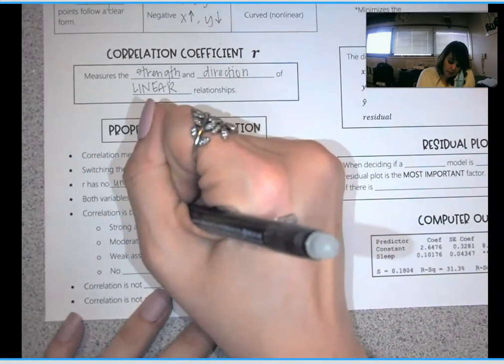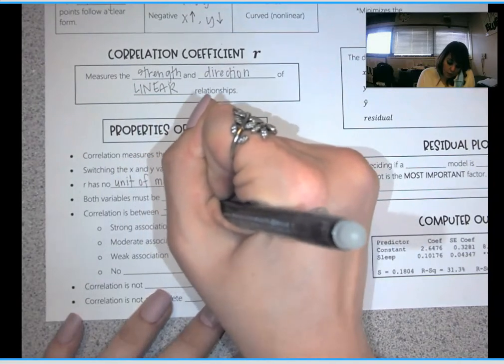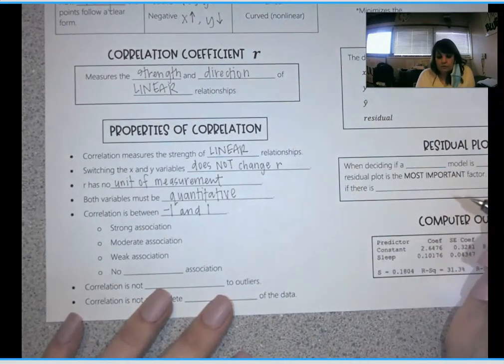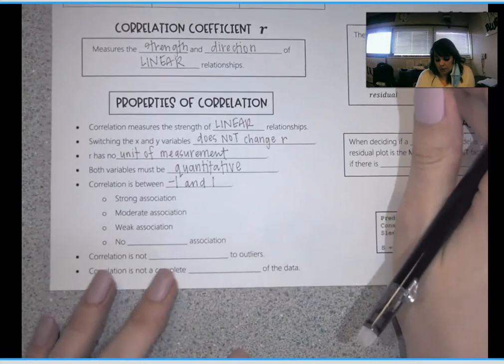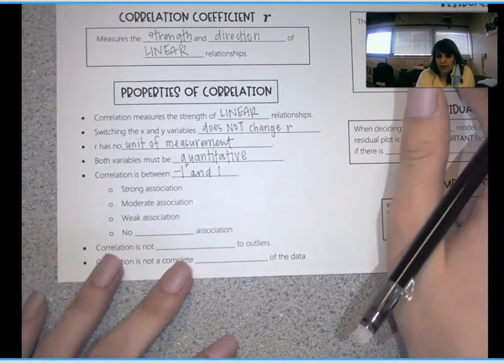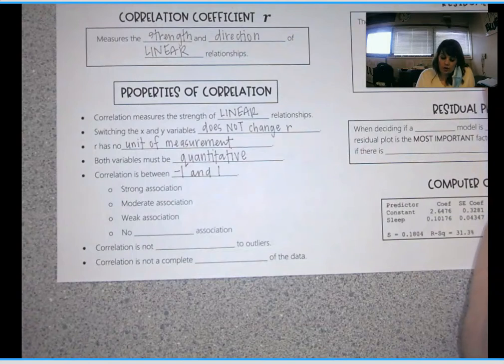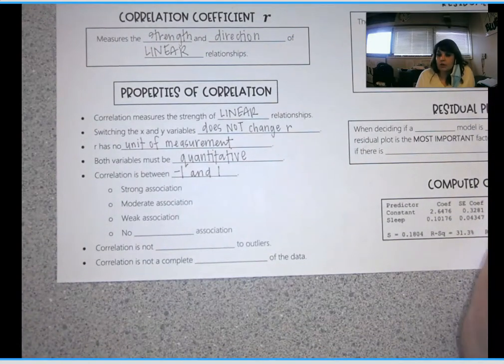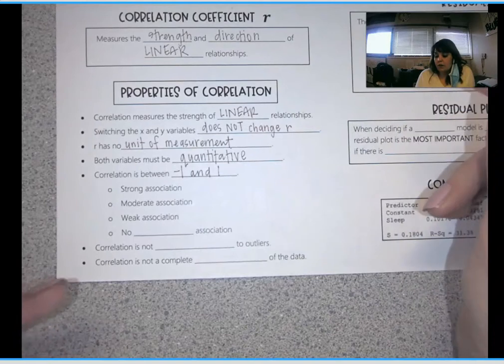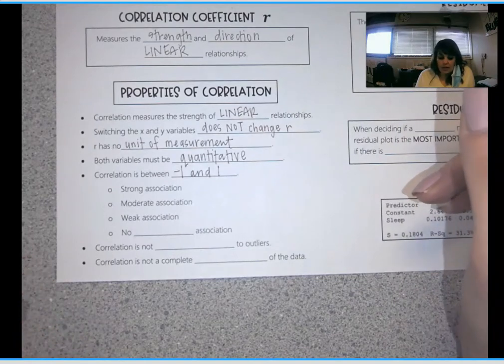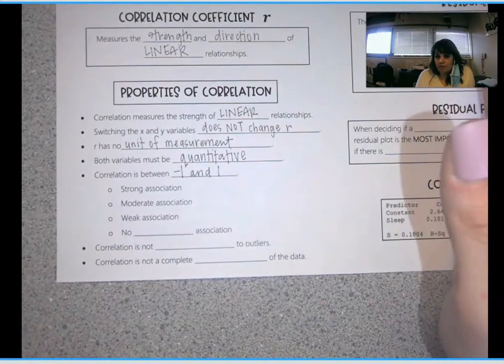Correlation is a number between -1 and 1. And I thought that this would be a good place to remind ourselves what the guidelines are for what we would describe as strong, moderate, and weak. One thing to keep in mind here is these are not hard and fast rules.